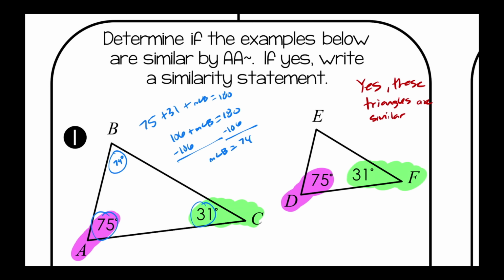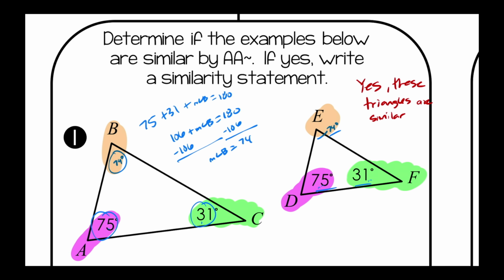And that makes sense that this is also 74 degrees, because don't these three have to add up to 180? And these two are exactly the same as these two. So they also need a 74. So when you know two pairs of angles are equal, the third angle is automatically equal, because they all add up to 180.